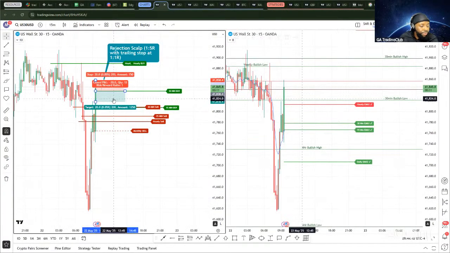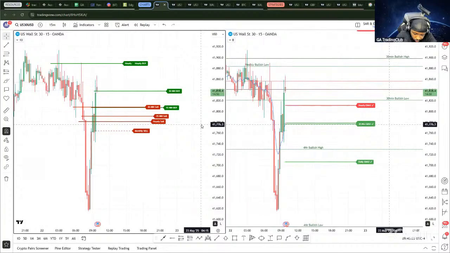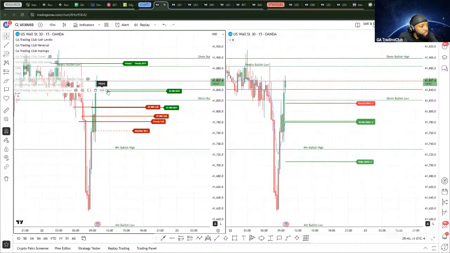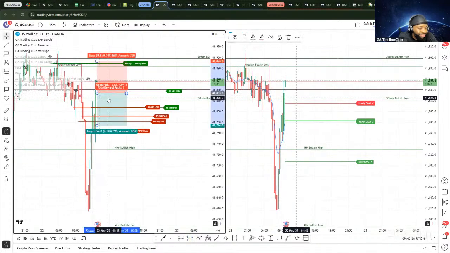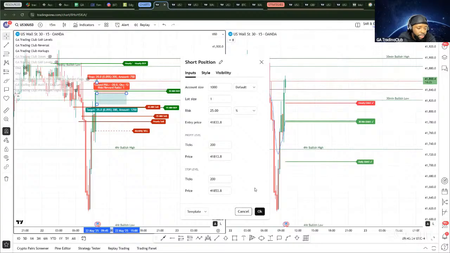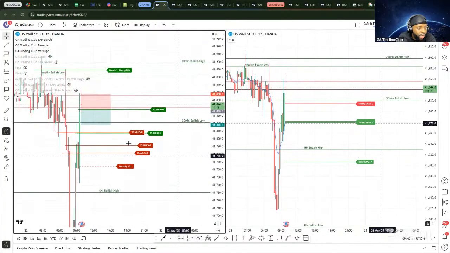So let's see what else we have. So for this one, all right, for this one as well, price was pretty close to one of the order blocks, but we did to one of the bullish order blocks down here.